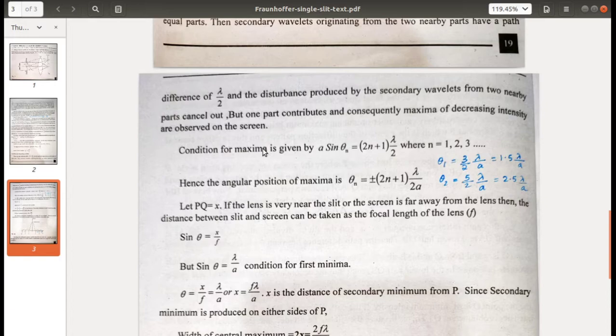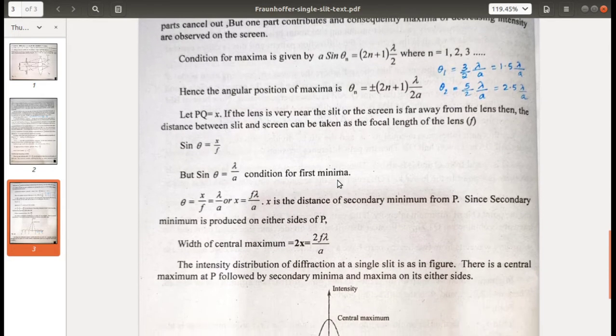So the condition for maxima is given by a sin theta n equal to 2n plus 1 lambda by 2. a sin theta is the path difference, and the condition for brightness is 2n plus 1 lambda by 2, where n varies as 1, 2, 3, etc. From this we get theta n equal to 2n plus 1 lambda by 2a, where theta is very small.